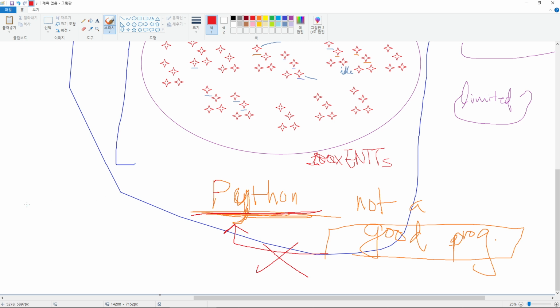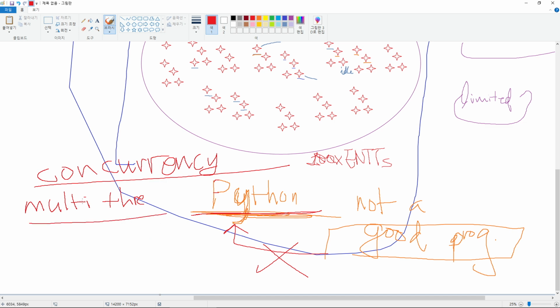Yeah, and to do that I have looked into multi-threading, parallelism, concurrency. I may still need one or two or both of these ideas in the future.